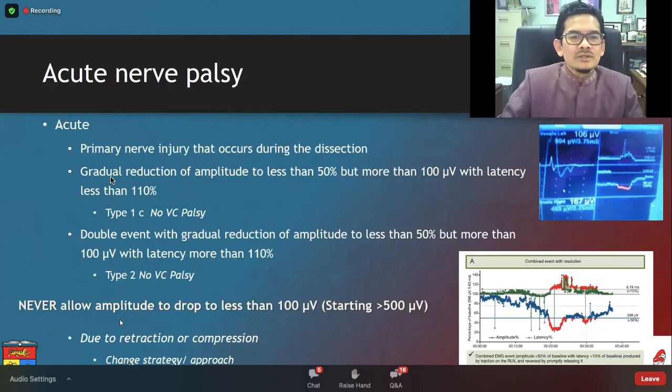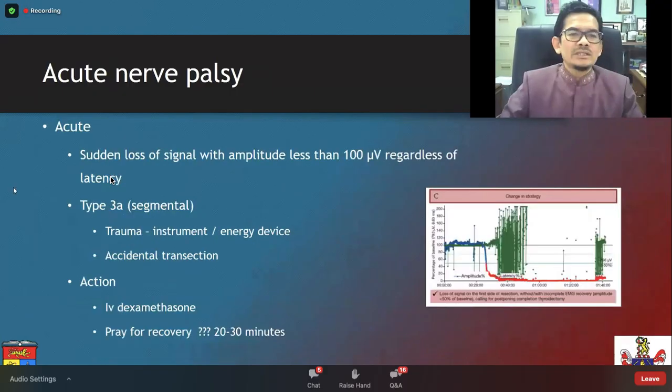So what is most important is that when you're using the nerve monitor, never allow the amplitude to drop to less than 100, if starting off at more than 500. If you get anything that's going down, it's probably due to traction or compression, so change your approach. Okay, this is very important.